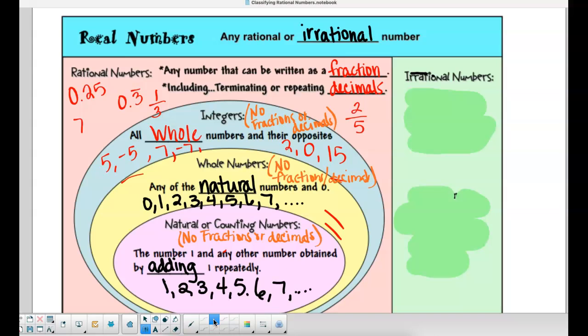Okay, so I'm going to try to trick you. Is 16 over 4 a rational number? It says any number that can be written as a fraction. Is that a fraction? Yeah, so it's a rational number. Can I put 16 over 4 as an integer?